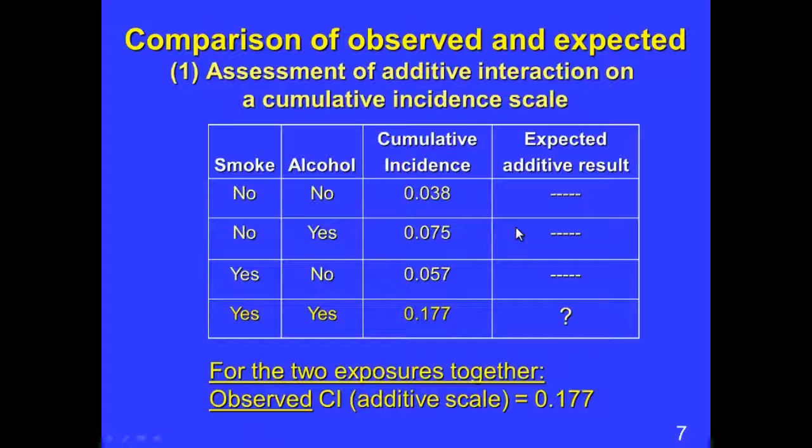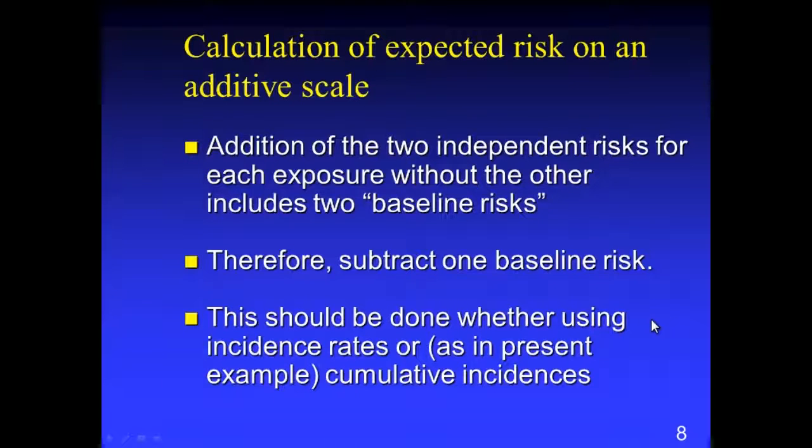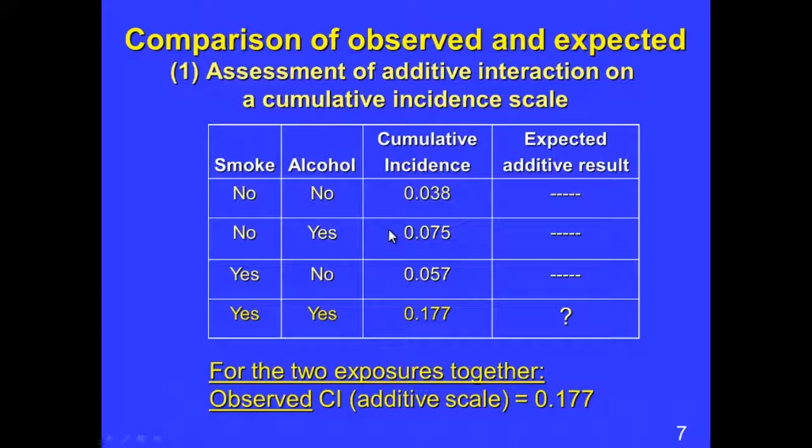Basically we have to add this value for alcohol drinking non-smokers, and this value for smokers who don't drink. We start by adding those two together. But then we have the problem that we have two baseline risks, because both this group and this group can actually contain this baseline risk.